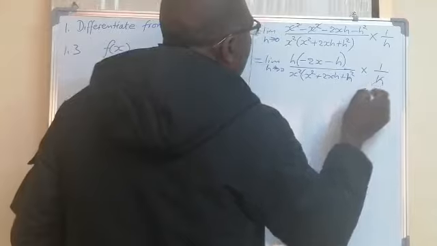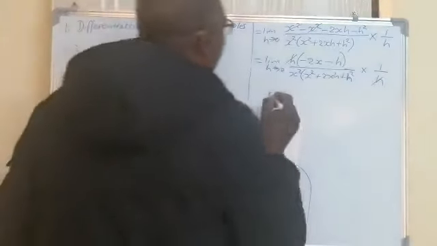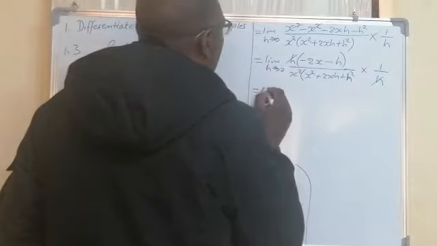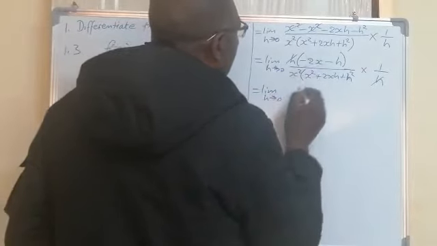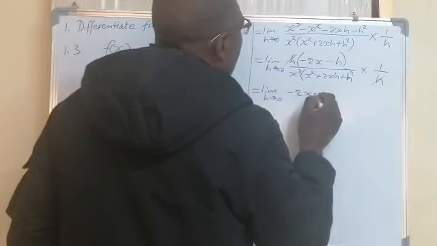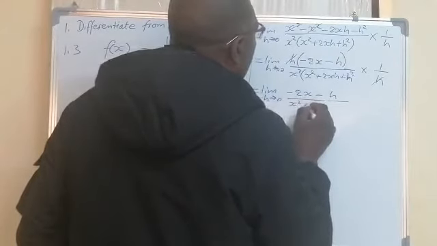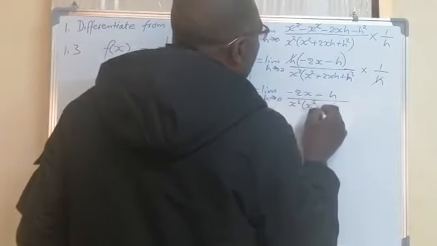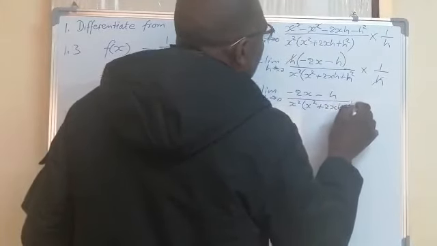This h and h divide each other, so that we are left with the limit h to 0, and then we've got minus 2x minus h over x squared into x squared plus 2xh plus h squared.